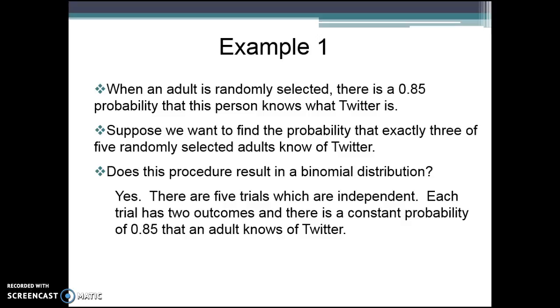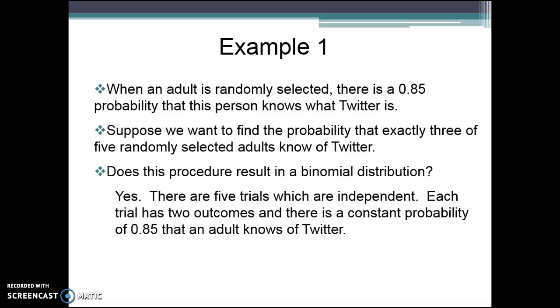Well, yes, so we've got 5 trials, so that's a fixed 5 trials. They're independent. So if we pick one person and they know what Twitter is, that doesn't impact what the next person says. So we've got each trial having 2 outcomes, whether they do or don't know what Twitter is.